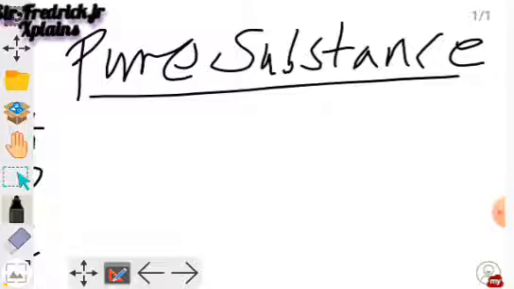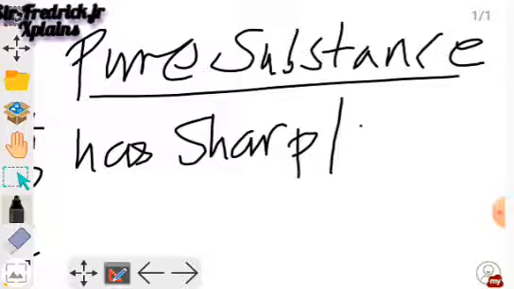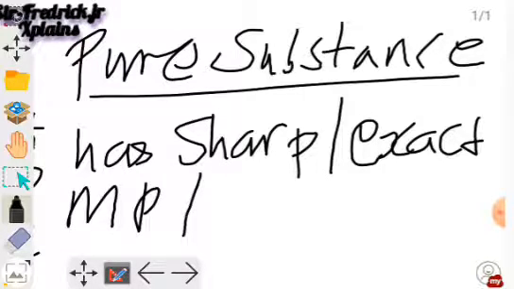The second one is that a pure substance has a sharp or exact melting point, which is MP, and an exact boiling point, which is BP.